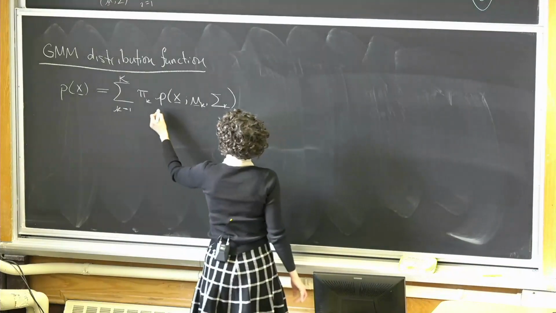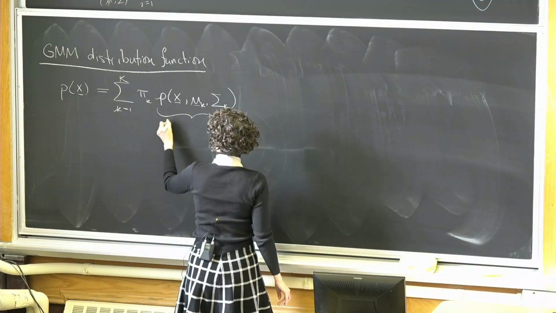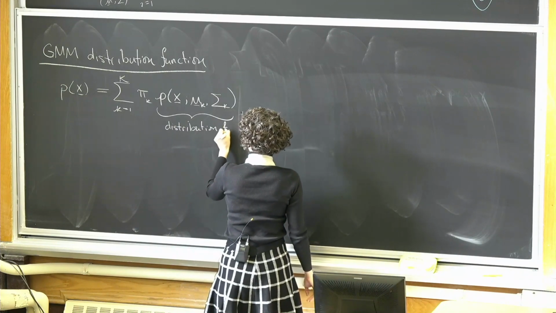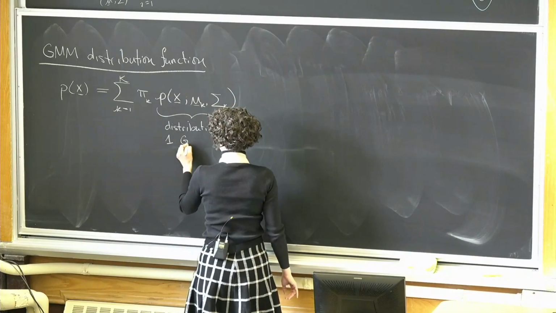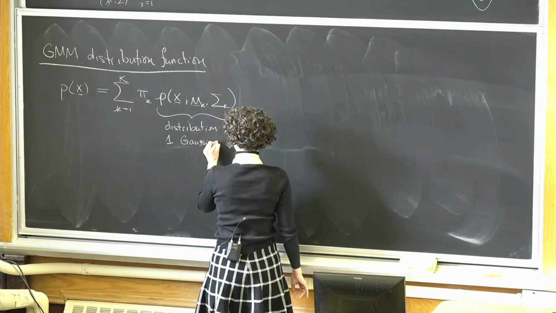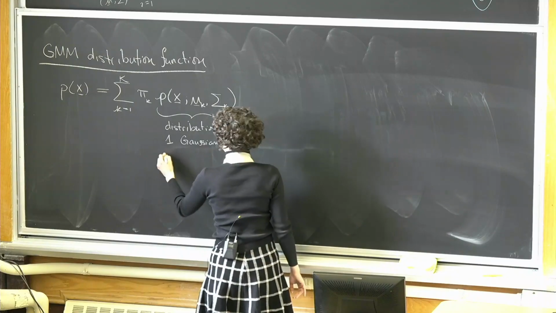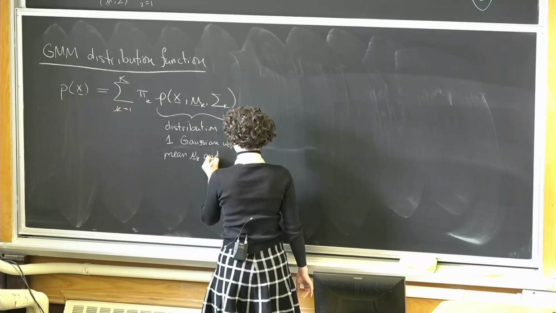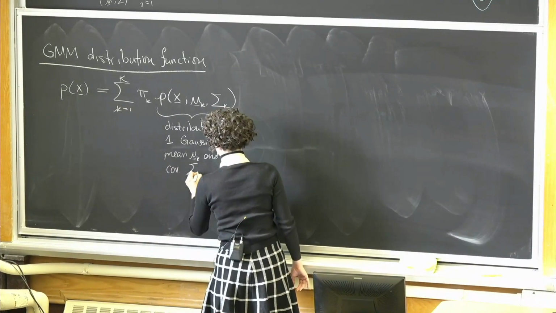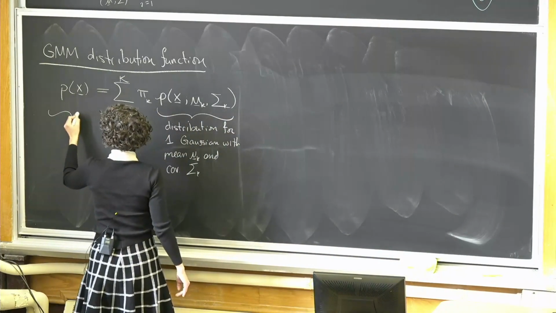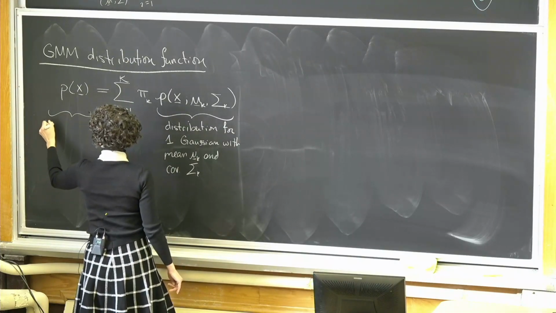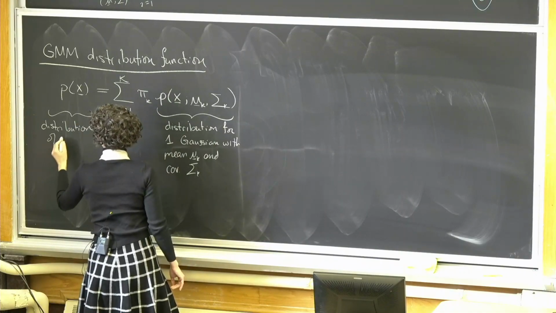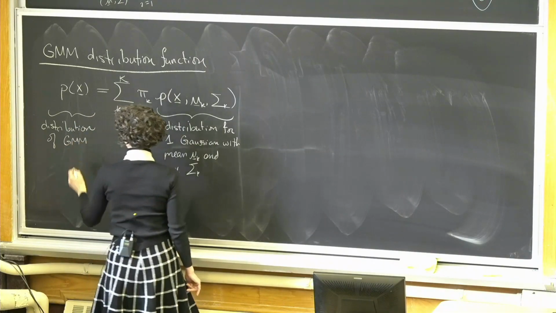So this corresponds to the distribution for one Gaussian with mean mu K and covariance sigma K. This is the distribution function of the Gaussian mixture model.